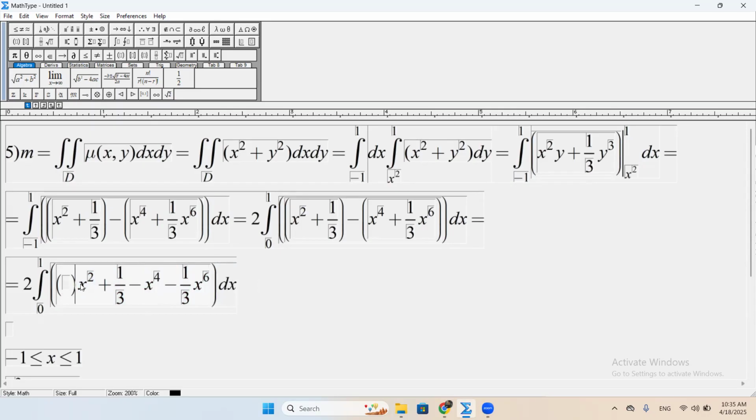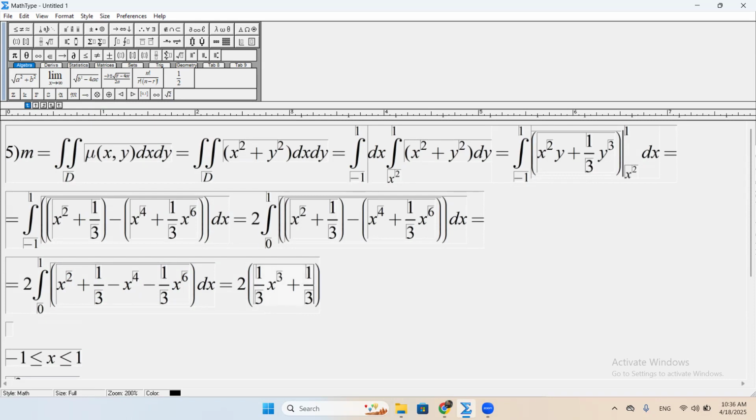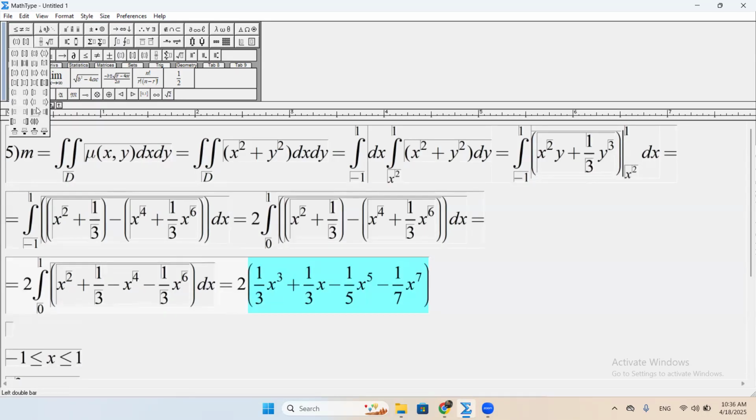So expanded with correct signs, and now we can integrate. 1 over 3 x minus 1 over 5 x to the power of 5 minus 1 over 7 x to the power of 7 with substitutions from 0 to 1.